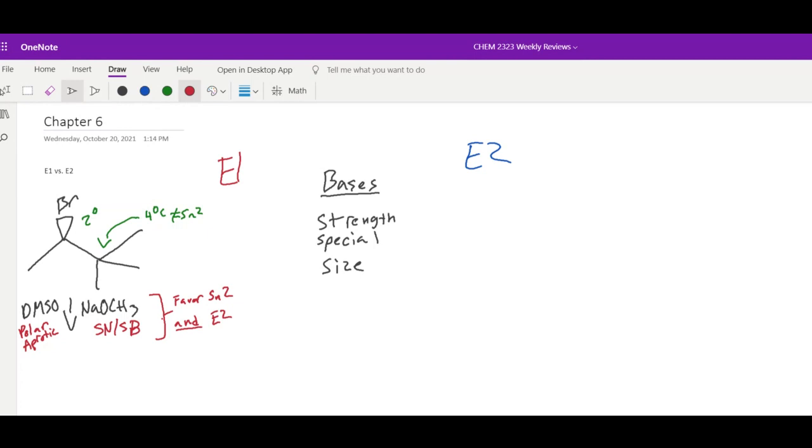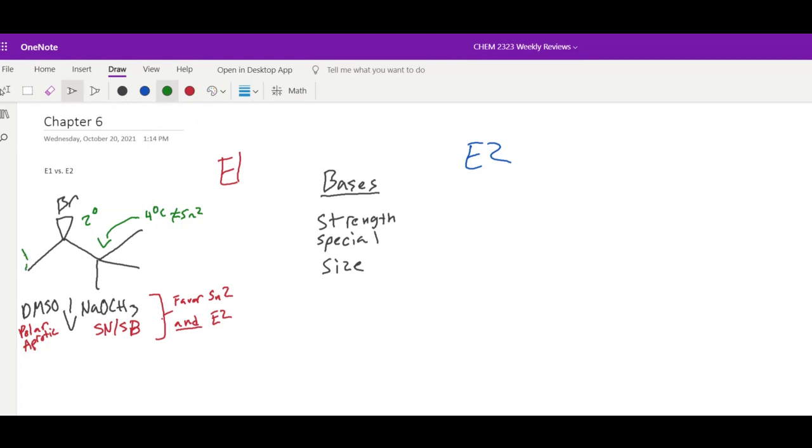So because we can't do SN2, we're going to have to do E2. And like I said, bases accept protons, right? We are eliminating instead of substituting. We are not using NaOCH3 as our base to substitute; that would be SN2.